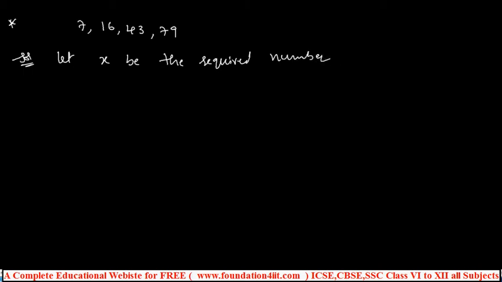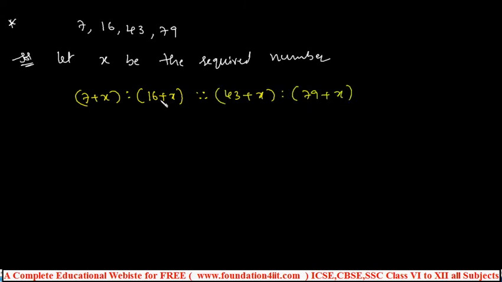If x is the required number, then 7 plus x is to 16 plus x in proportion to 43 plus x is to 79 plus x. Now they are in proportion, so the first ratio, 7 plus x divided by 16 plus x, is exactly equal to the ratio of the last two, 43 plus x divided by 79 plus x.